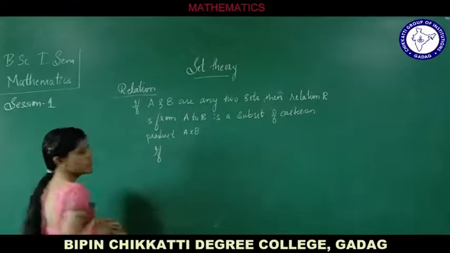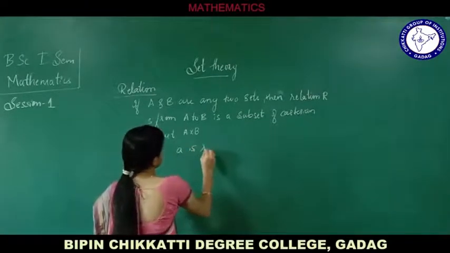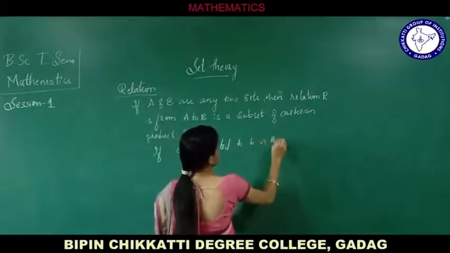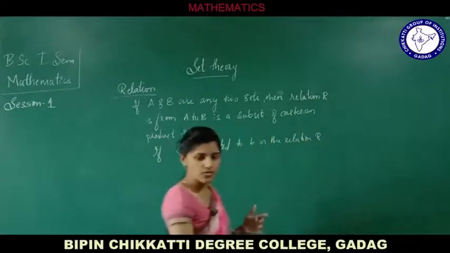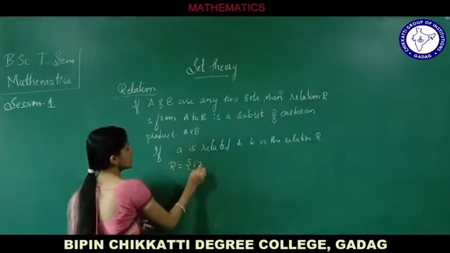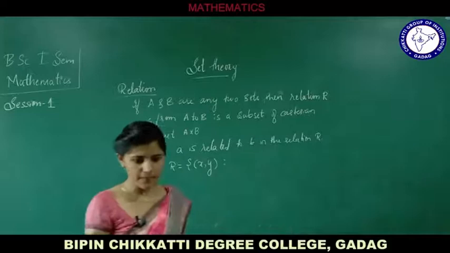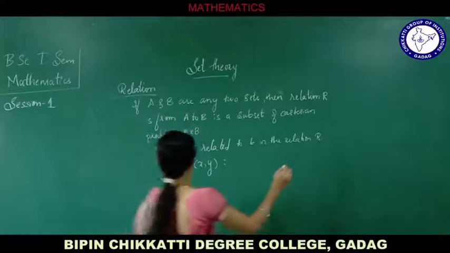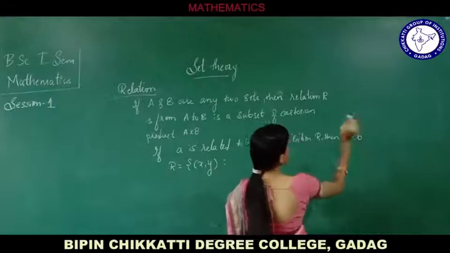If a is related to b in the relation R, we define R as the set of (x, y) such that a is related to b.